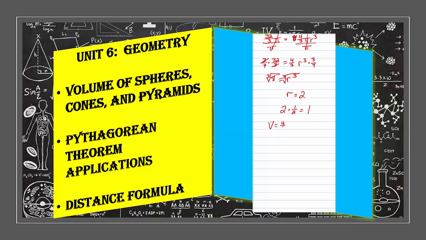Volume is equal to 4/3 pi r cubed, where if my r value is 1, 1 cubed is 1. 1 times anything is whatever was there, so our volume is going to be equal to 4/3 pi. So our volume is approximately 4.9 inches cubed.